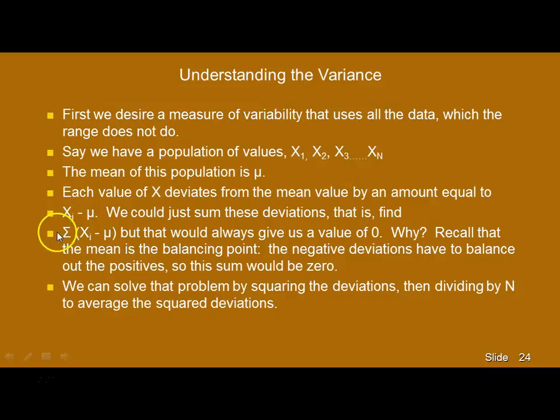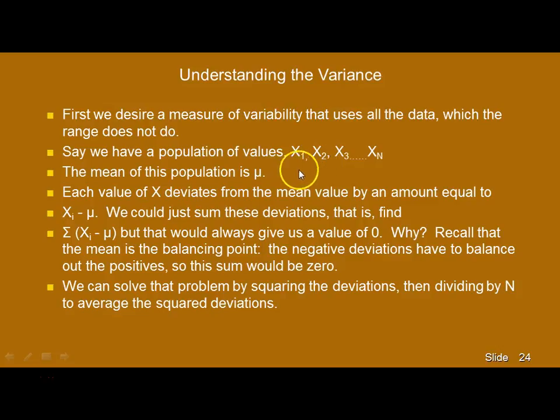Now we could just add those deviations up. We could sum the deviates. But that wouldn't do us any good. It would always give us a value of 0. And I ask you why. If you think about it for a moment, since you learned earlier that the mean was the balancing point of a distribution, some of these deviations are positive. If x1 is bigger than mu, then the deviation x1 minus mu is a positive number.